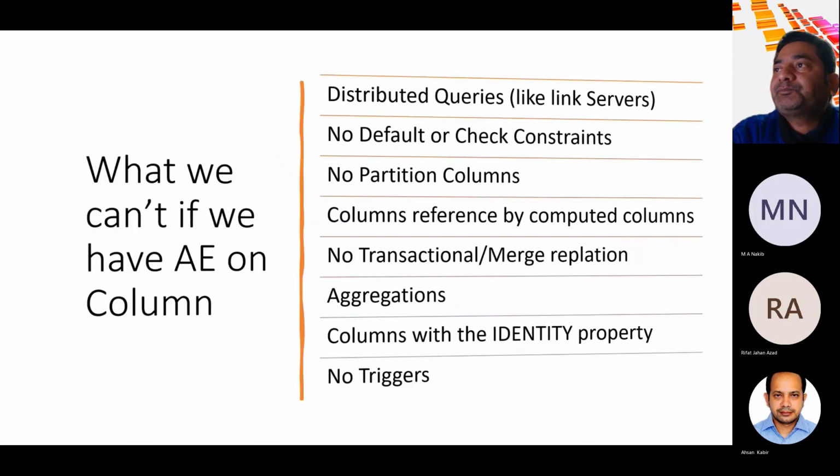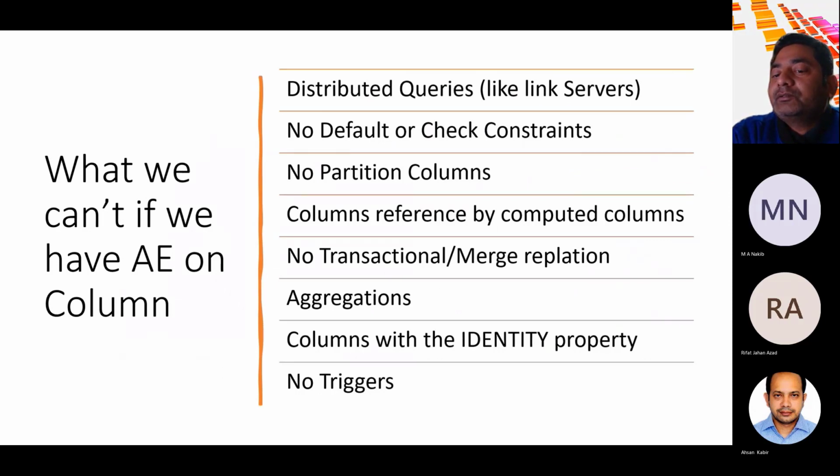Then with that, when using some features, we have to think and lose a few features of SQL Server while doing the operation. So before applying the encryption, we must be sure these are things we do not need on those columns.